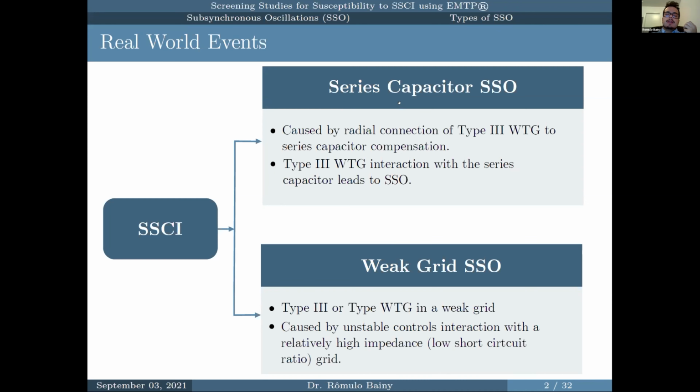And the weak grid SSO is going to be caused by a type 3 wind park that is connected to a weak grid, which is basically when we have a high impedance, which is also a low short circuit ratio.